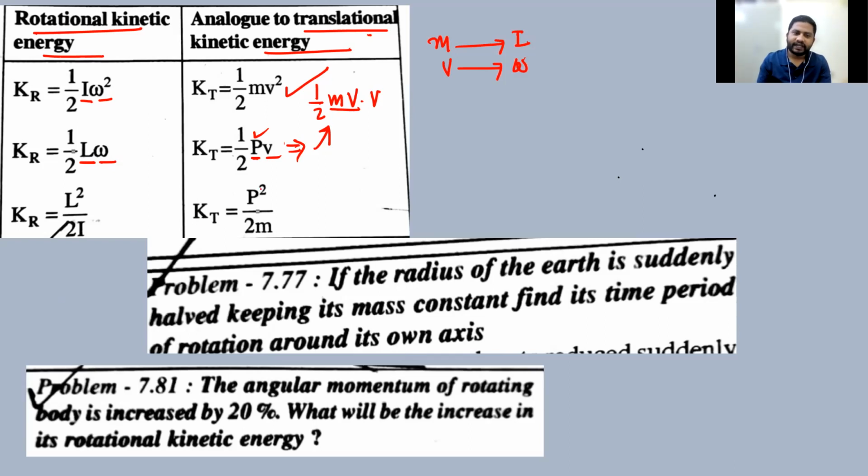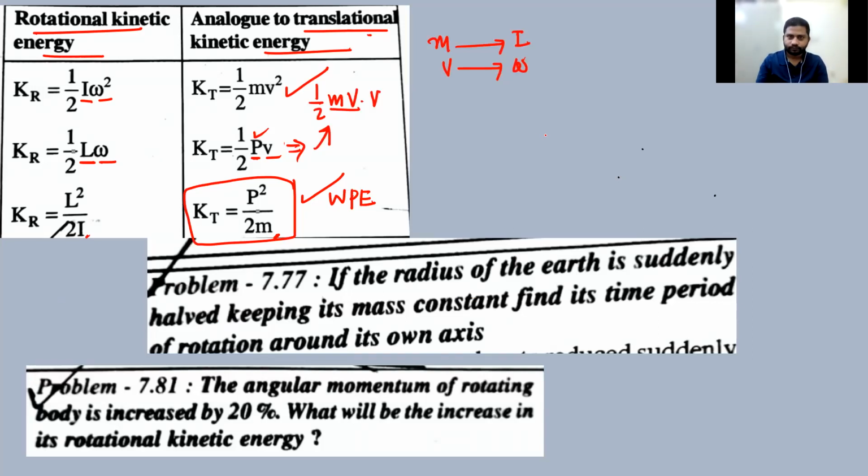Now, kinetic energy is P square by 2m. Many questions we have solved on this in the work, power and energy chapter: kinetic energy is equal to P square by 2m. And this P will be replaced with angular momentum, and mass will be replaced with the moment of inertia.